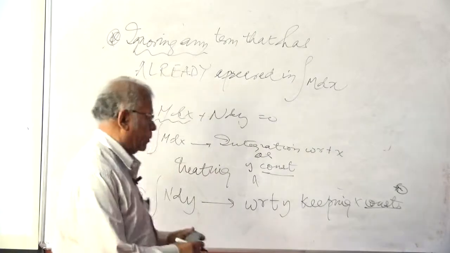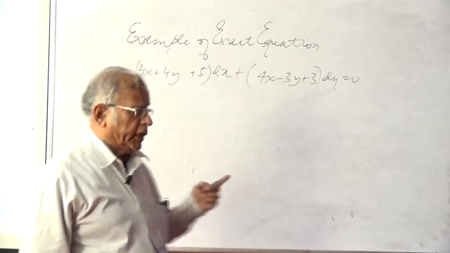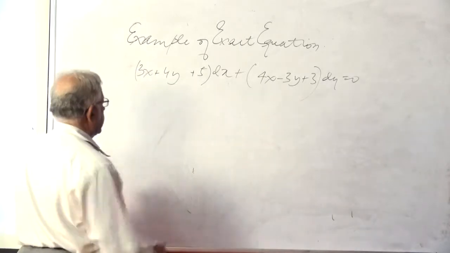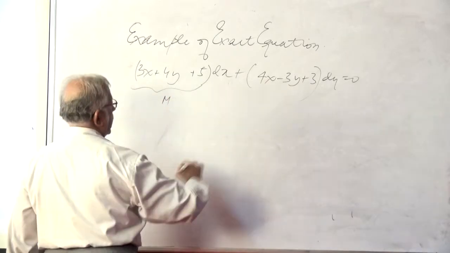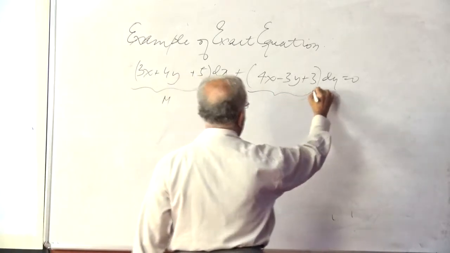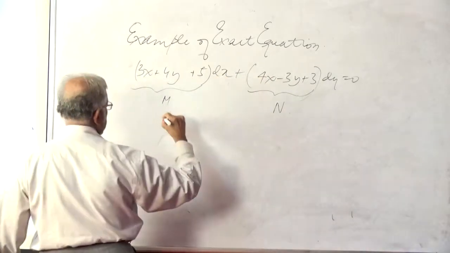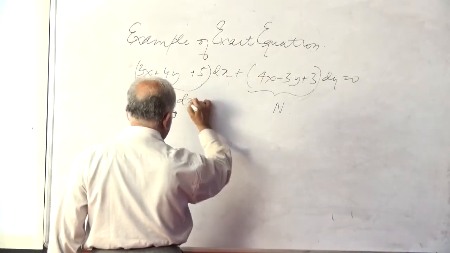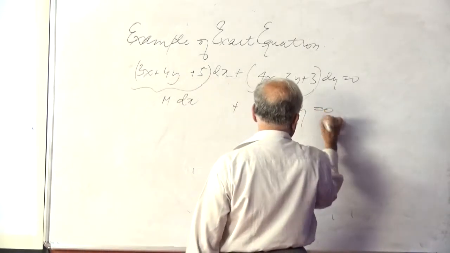We now take an example of an exact equation which I have written down on the board already. This is our M and this is our N. So the equation is of the form M dx plus N dy is equal to 0.